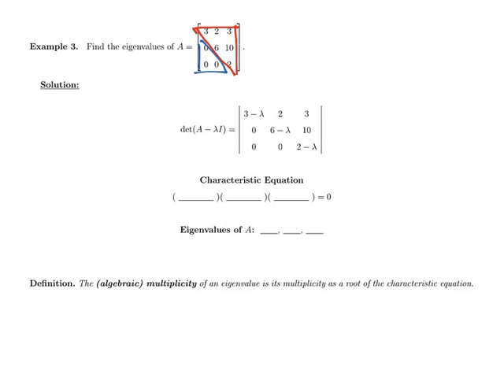And we said that if we have A minus lambda I, that's subtracting lambda across the diagonal, if I have an upper triangular matrix, the determinant is just multiplying the entries of the diagonal. In this case, my characteristic equation is 3 minus lambda times 6 minus lambda times 2 minus lambda equals 0. So the eigenvalues are 3, 6, and 2.